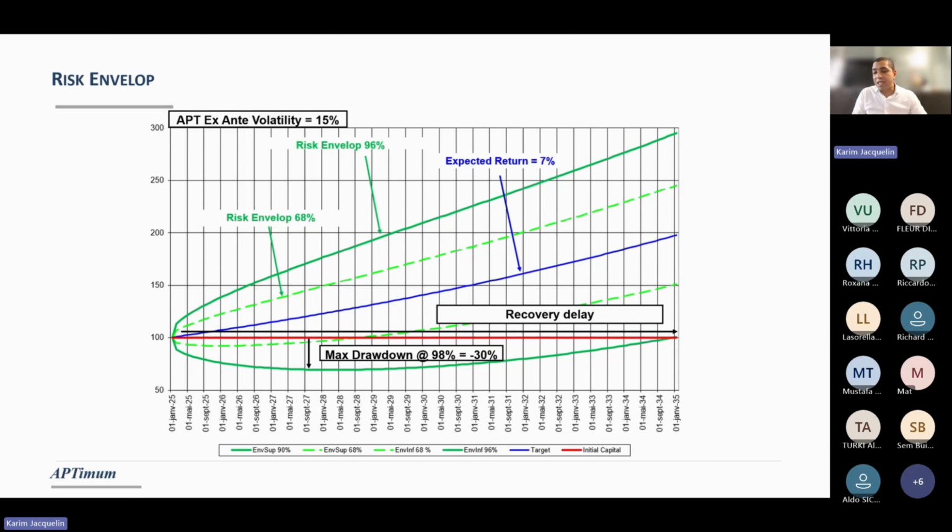So this is the downside of risk. And when we consider risk, we usually think about downside, but there is also some upside, which is the blue line, so the expected return, but also the positive scenario that could make your performance above this 7% expected return.